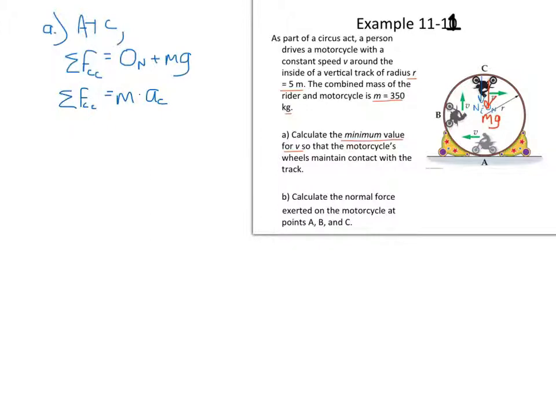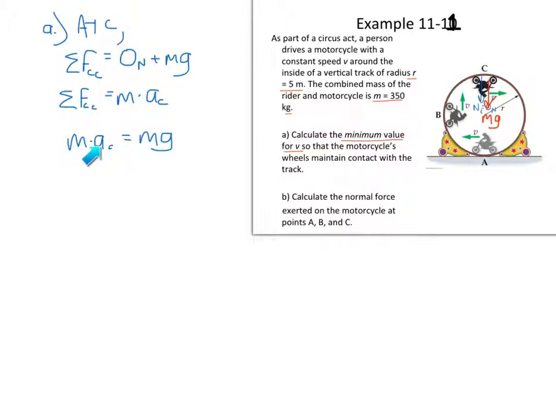So these two statements being equal, we can set them equal to each other. So m times centripetal acceleration equals mg. Now remember, we're solving for the velocity. How fast does he need to be moving such that the centripetal acceleration is equal to his weight right there? Well, that's locked up in our a_c right there, right?